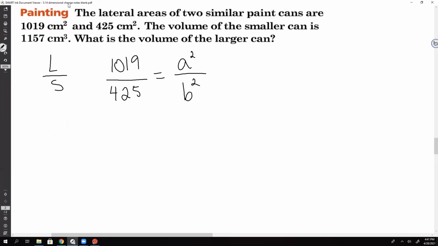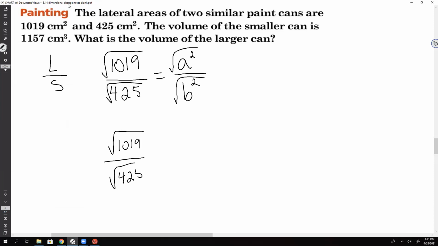To get A and B, I have to get rid of that square, so I have to take the square root this time. So the square root of 1019 over the square root of 425, that is A to B.